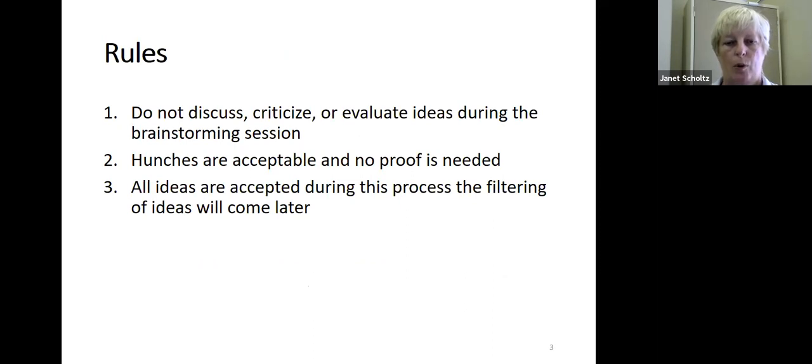So, rules of brainstorming: do not discuss, criticize, or evaluate ideas during the brainstorming session. Let everything come out. The evaluation of those ideas will come later. Hunches are acceptable and no proof is needed. So someone might say, oh, but it feels like that, or I have a gut feeling that that may be where the problem lies.